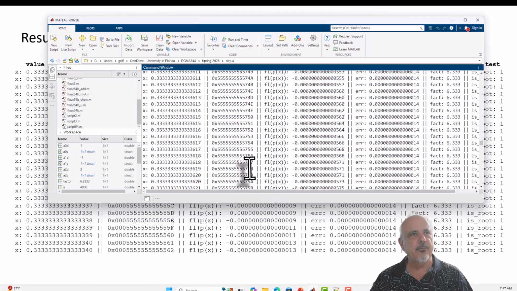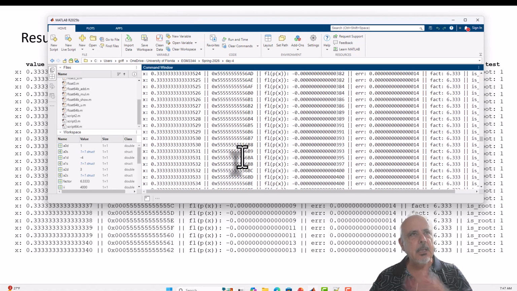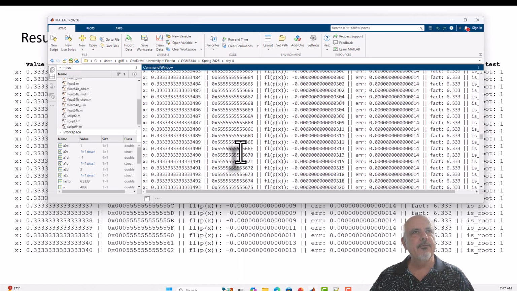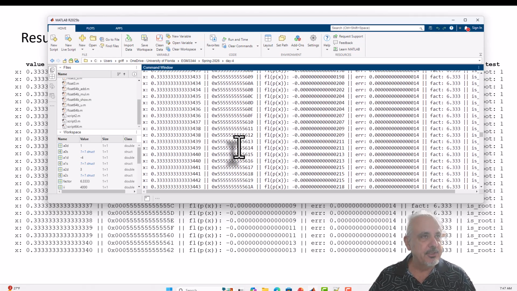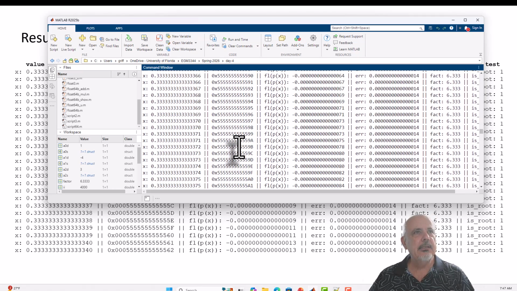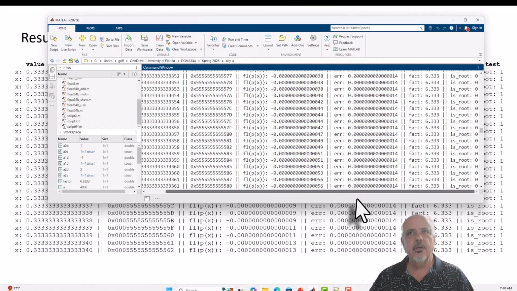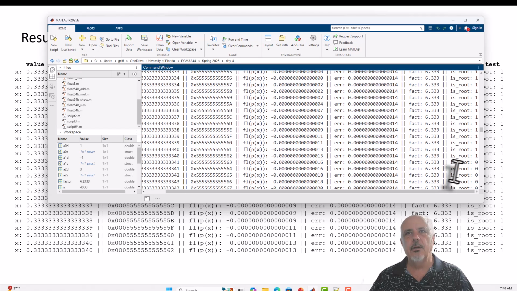Remember, that's where my hex digits in the mantissa are all 5. That's going to be the closest representation of 1/3 as you can get. So I'm honing in now. It's not thinking it's a root still. Oh, right there is where the root turns off.